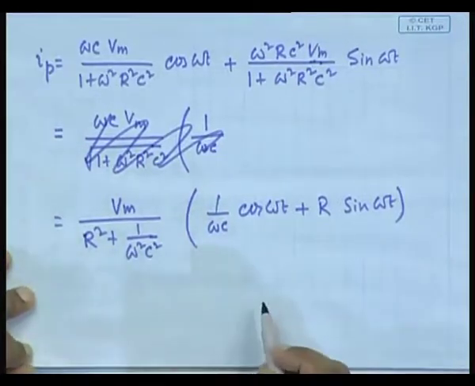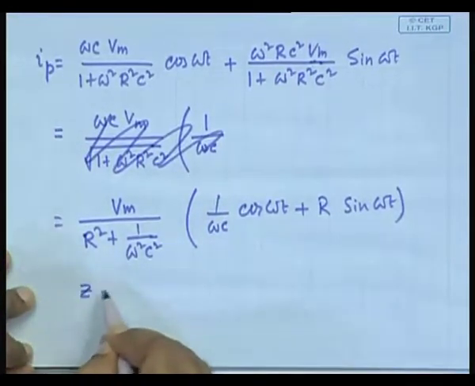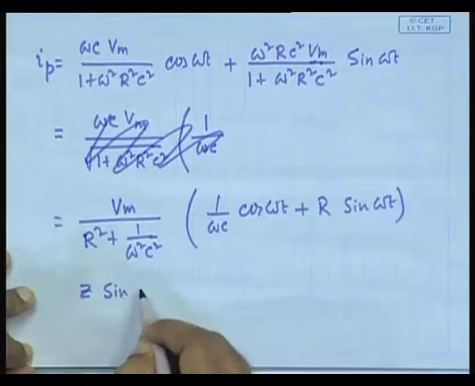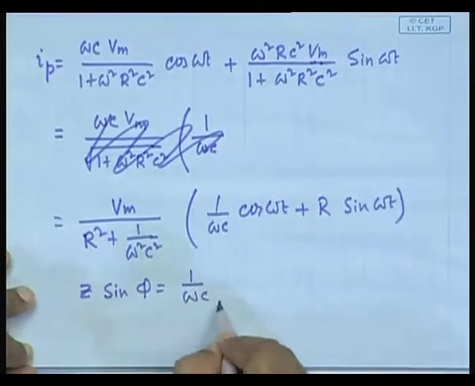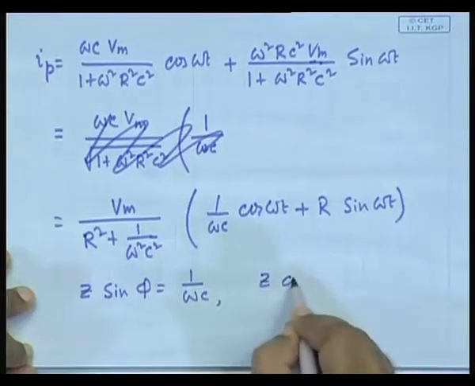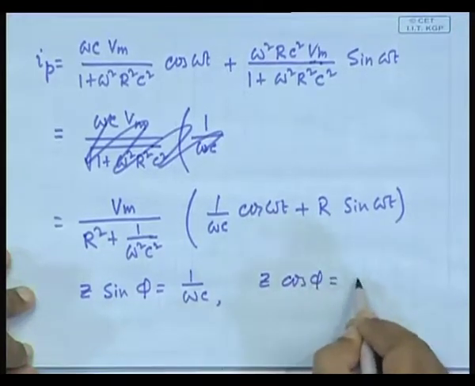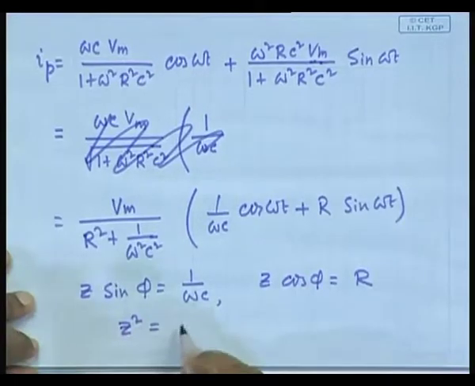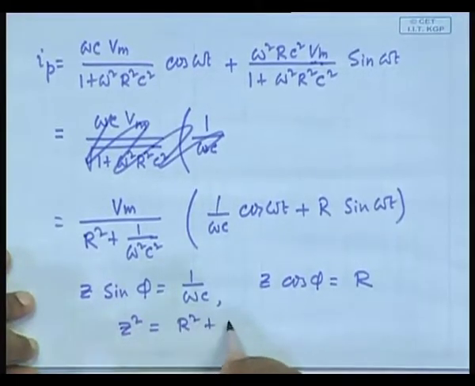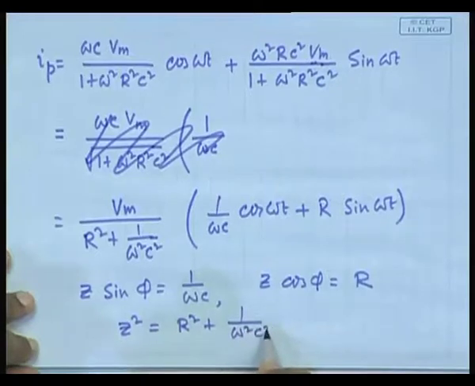Then we say that okay, now z sin phi is 1 by omega c, z cos phi is r, which means z square is equal to r square plus 1 by omega square c square.